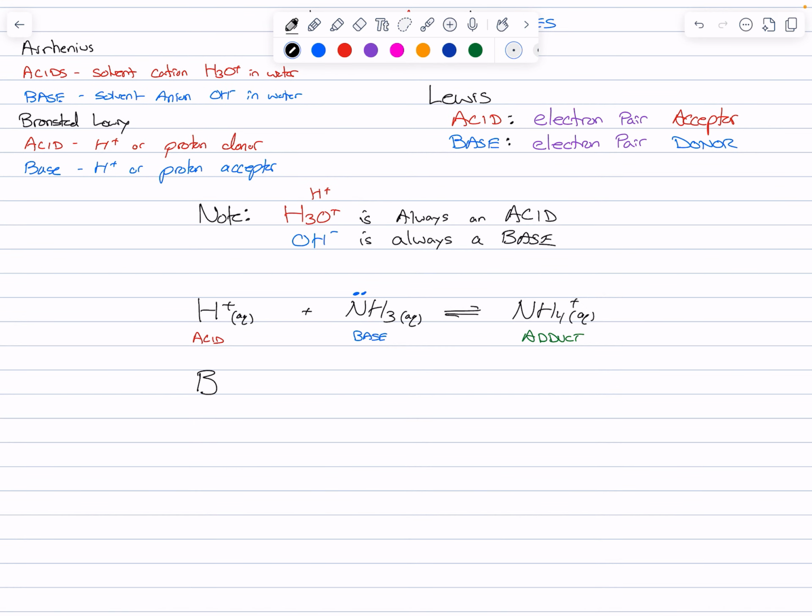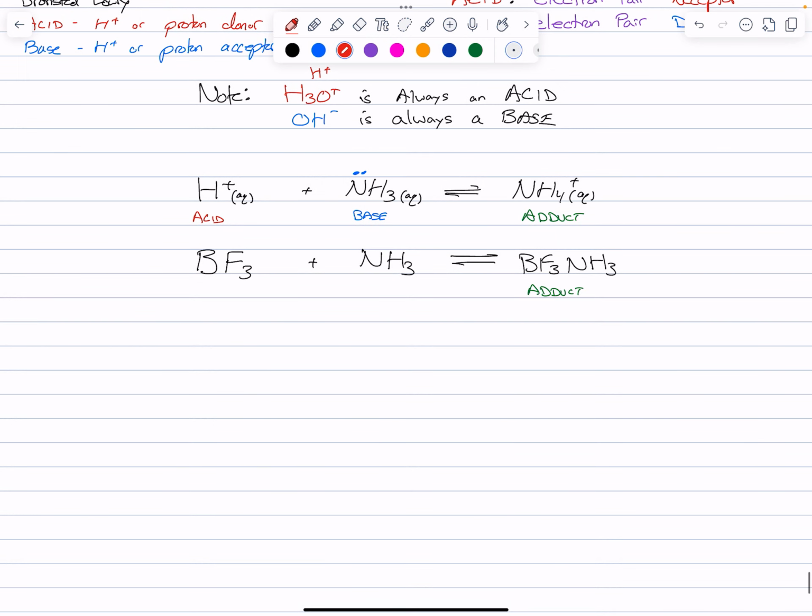Boron trifluoride plus ammonia, let's do the double-headed arrow. What we're going to get is BF3NH3, which is the adduct. Which one's the acid and which one's the base? Sometimes it's helpful to draw it out.